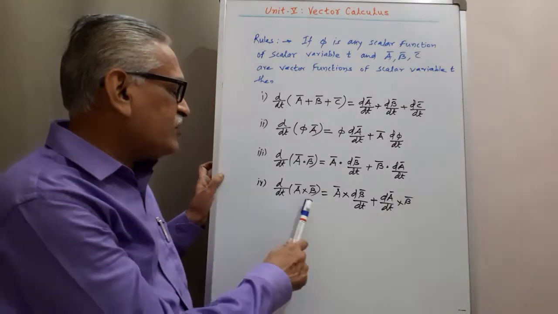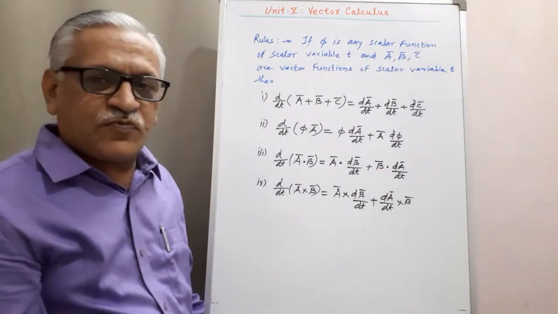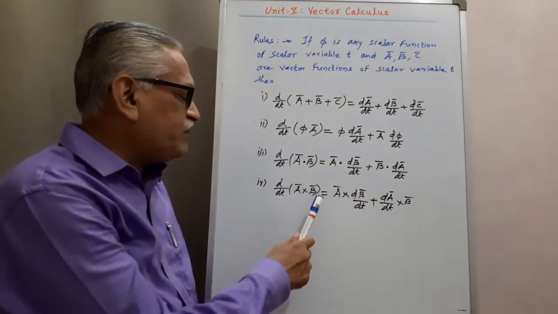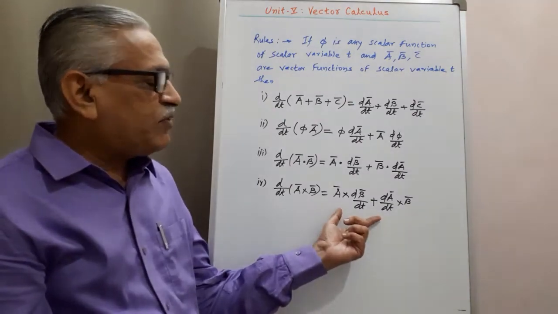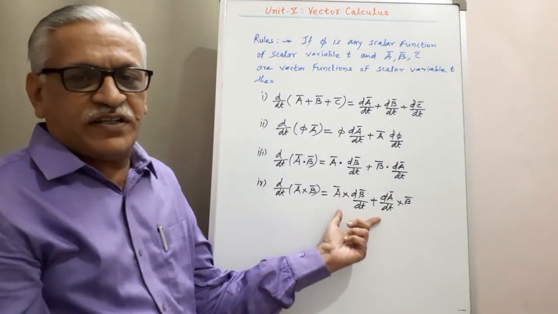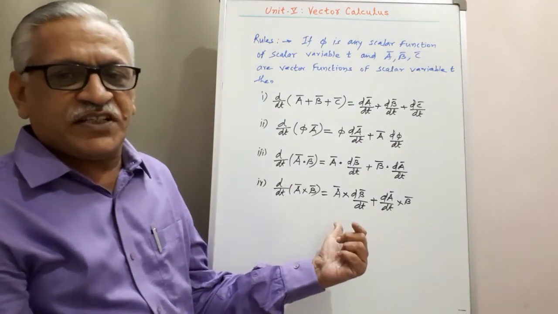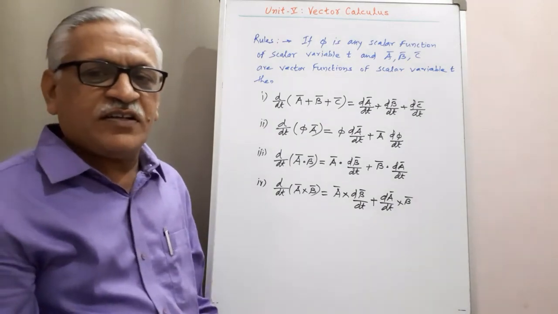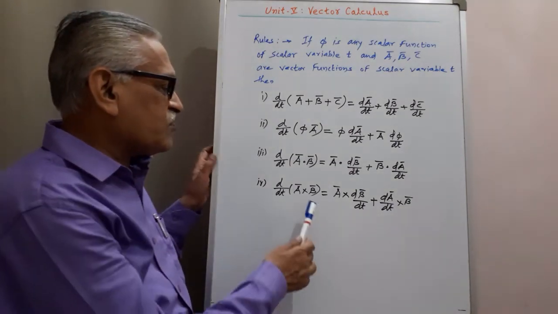But when we perform the derivative of the cross product of two vector functions, A cross B bar, perform in this order only. If you change the order, the sign changes as per the property of the vector product or cross product.